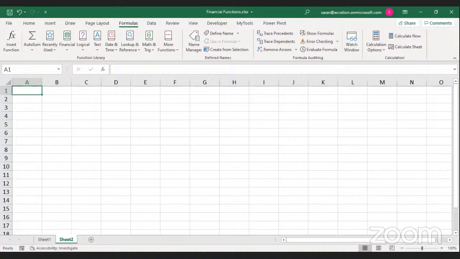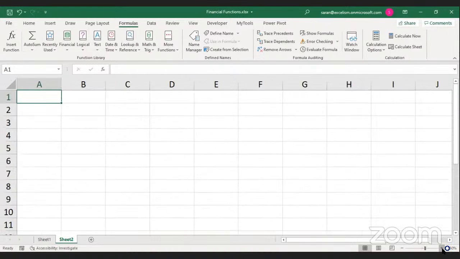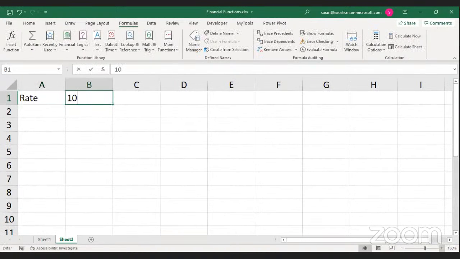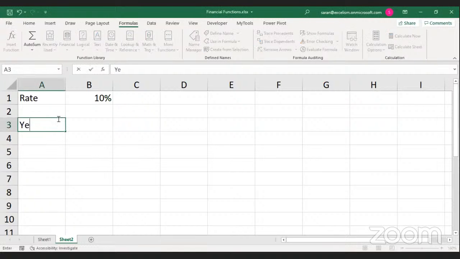I'll take an example here. Let's have the rate. The rate is 10%. Let's take the year. Let's take cash inflow or cash outflow.